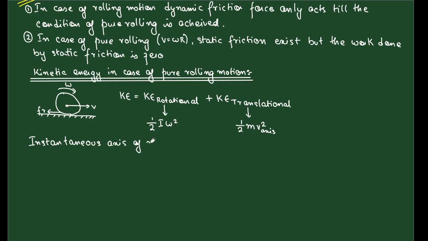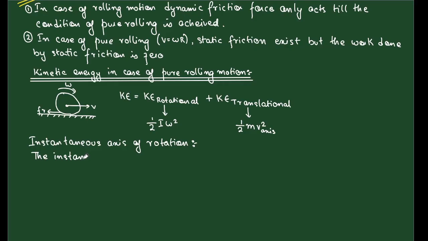Instantaneous axis of rotation means the axis passing through a point which has zero velocity. Because as this wheel moves forward, this instantaneous axis that passes through this point also moves forward in this direction. So the instantaneous axis is not fixed at a point in space. That's why it is called instantaneous axis.